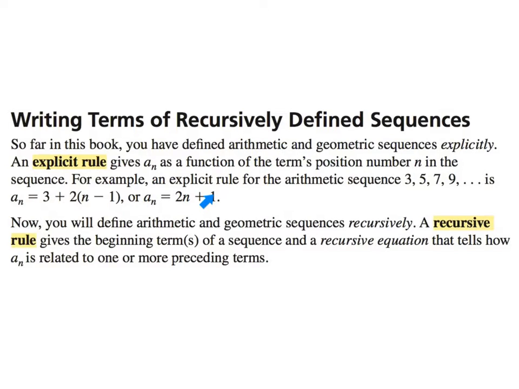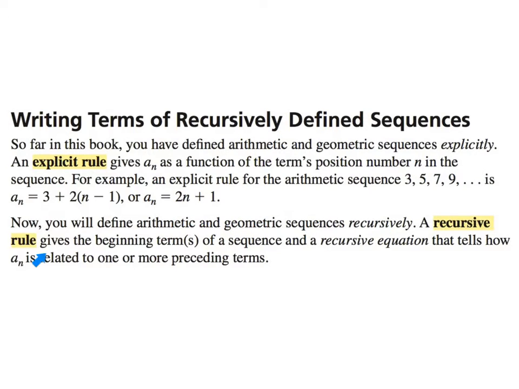With that function, if I wanted to know the first term in the sequence, I'd plug in 1 and I would get 3. If I plugged in a 2 for the second term of the sequence, I would get 5. If I plugged in 3, you would get 7, and so on. That's your sequence.